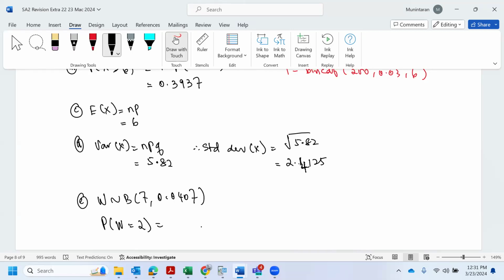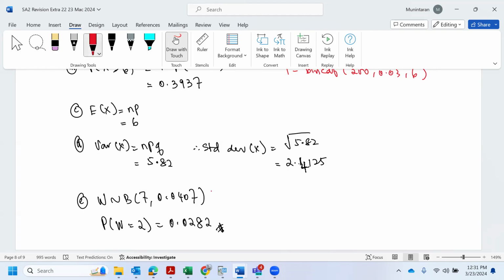The answer should be 0.0282. Agree? If you use the rounded value, you'll actually get 0.083, which is going to be wrong.